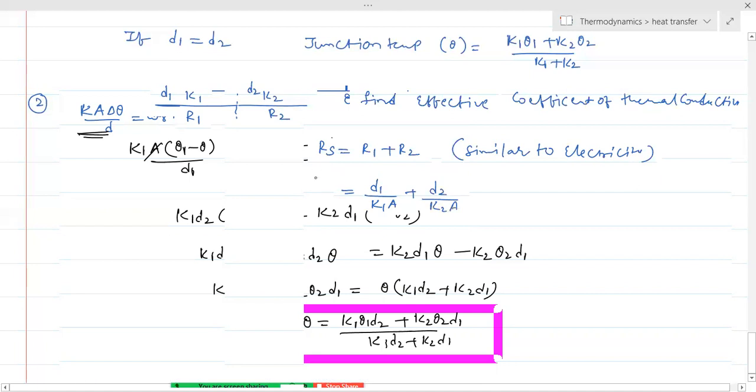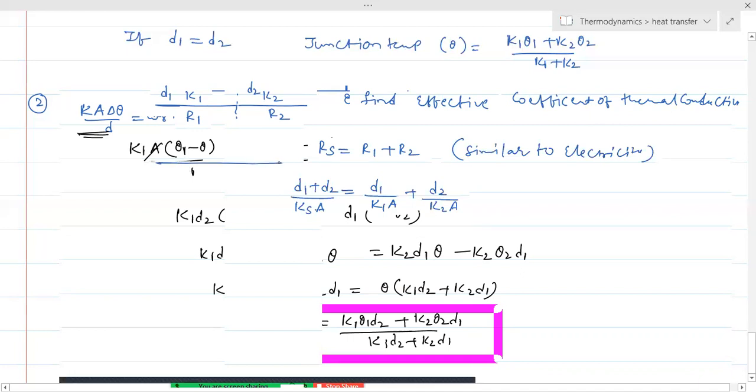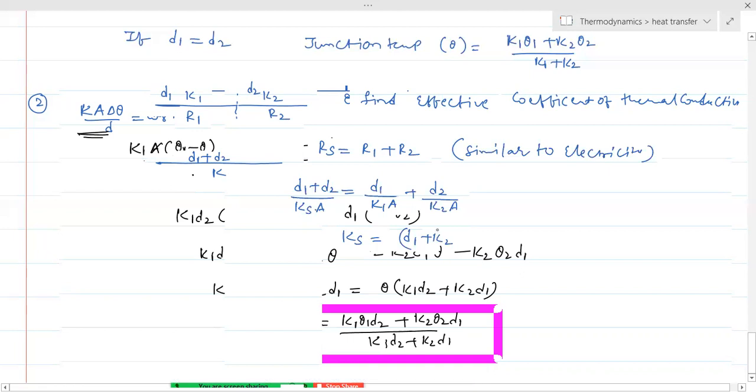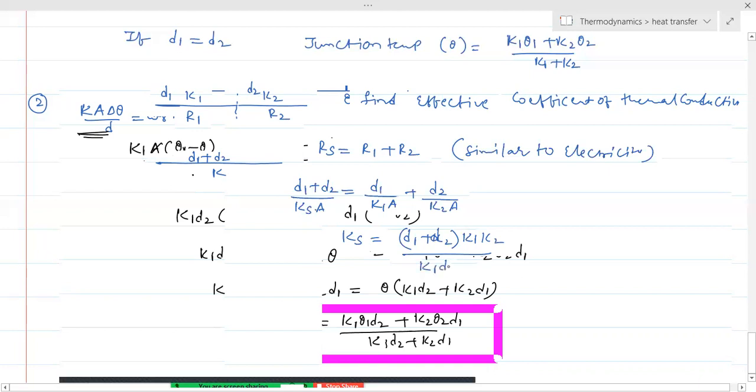And this Rs is the total system, where we take the total system length as D1 plus D2, with coefficient K series and the same cross-section area. The total system is taken as a single rod of coefficient of thermal conductivity K, having a length D1 plus D2 and having a resistance, let us say R. By solving this, we are going to get Ks equivalent to (D1 plus D2) into K1 K2 by (K1 D2 plus K2 D1). So this is very famous.